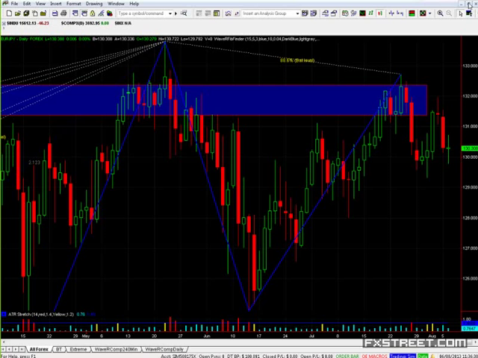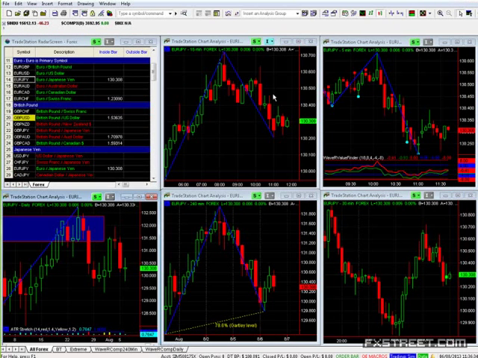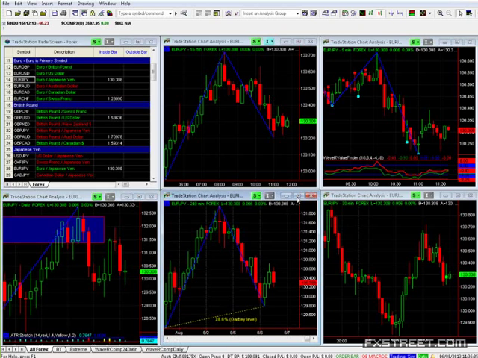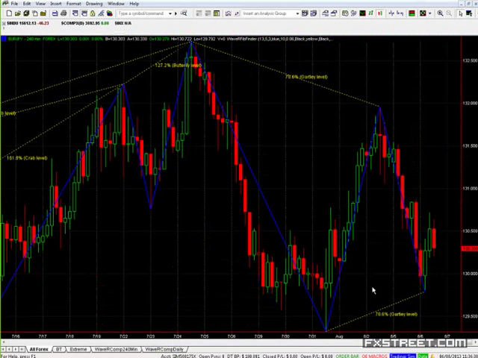So if we work down the time frames, the 4-hour chart is telling us that that's now hit a Gartley level. And this Gartley level has managed to propel price up for quite a few pips so far.